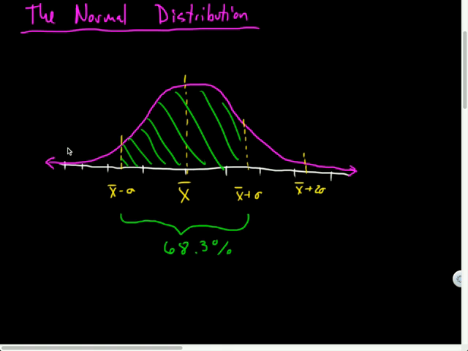And this would be x bar minus 2 sigma. Between those values, I guess I'll use a different color. Oh, a little lag there. So 2 standard deviations above and below the mean would give me 95.5% of my data.